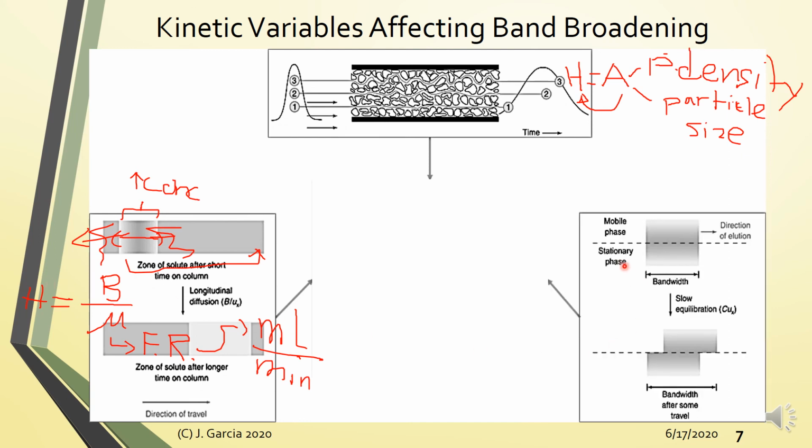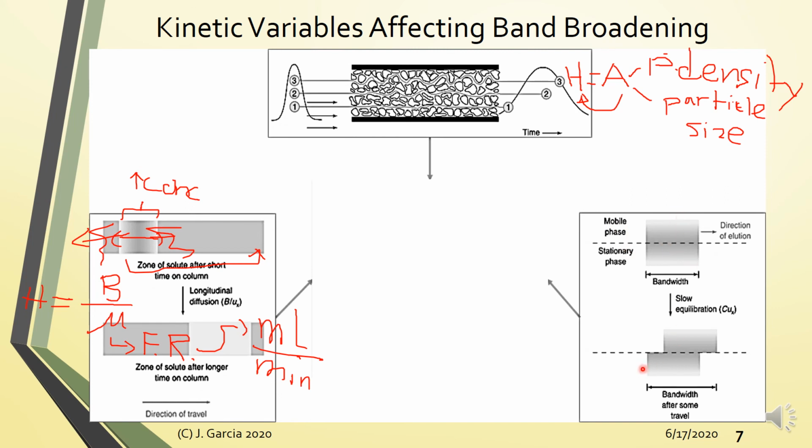Then lastly, you have the so-called C term, or the finite mass transfer term. Remember that your analyte distributes or partitions itself repeatedly between the stationary phase and the mobile phase, so it moves back and forth.